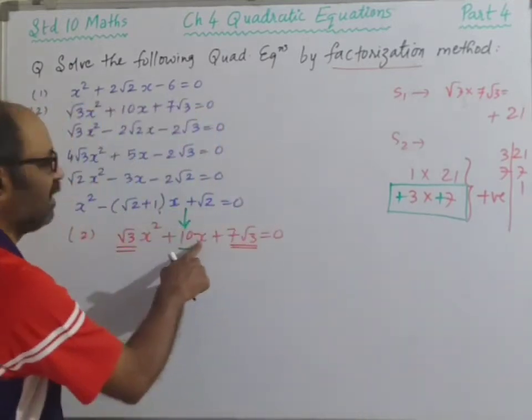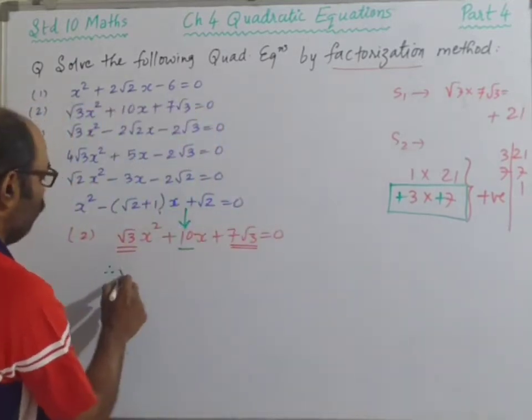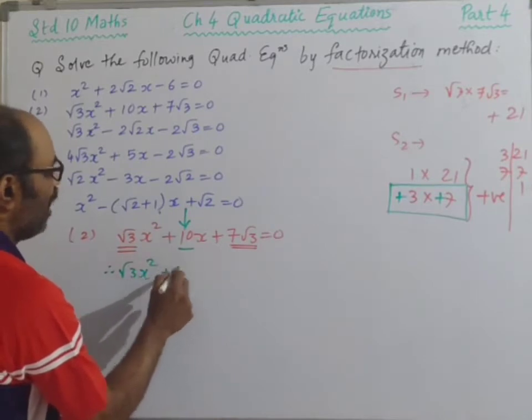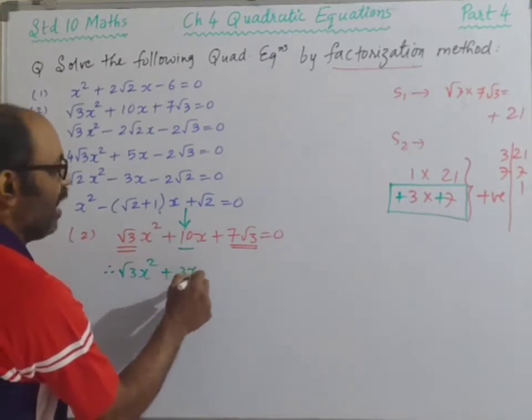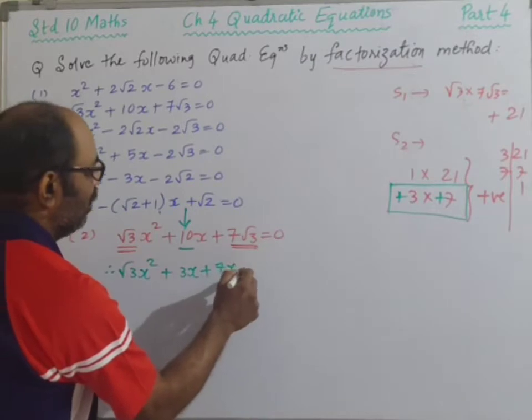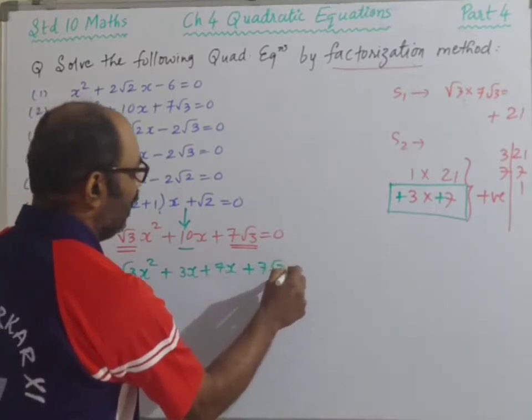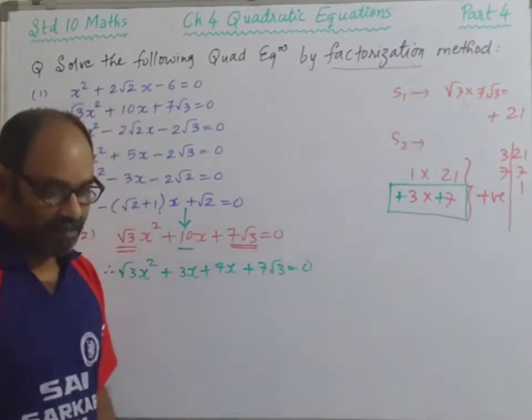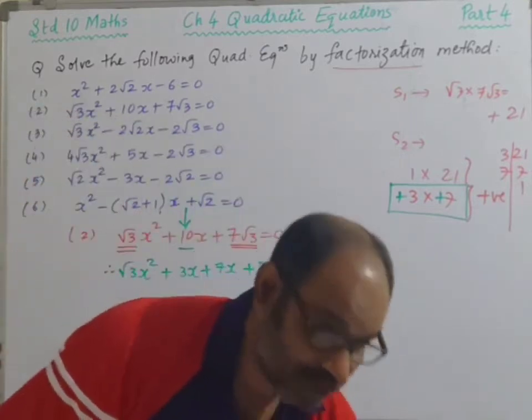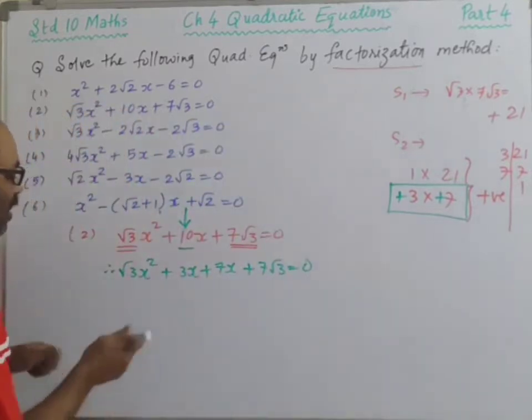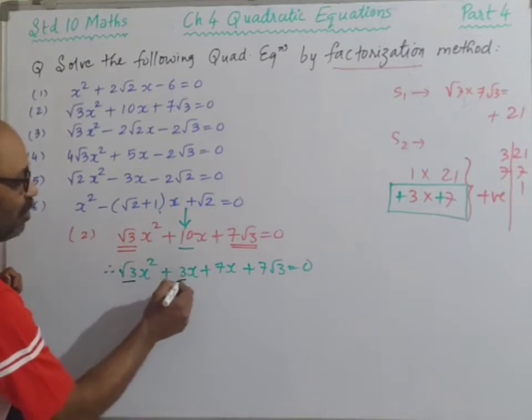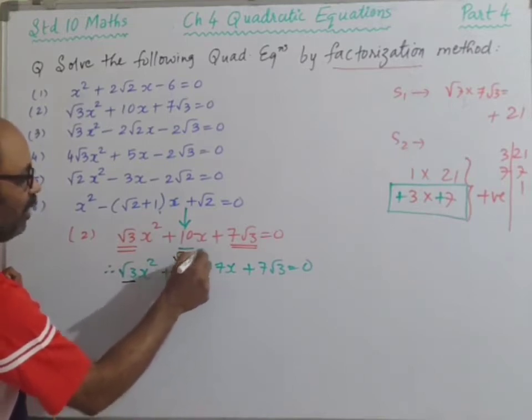And here we only have to attach x. So therefore root 3x square plus 3x plus 7x plus 7 root 3 equal to 0. But be careful. I'm going to write directly this time children. This is root 3, so understand this as root 3 into root 3.